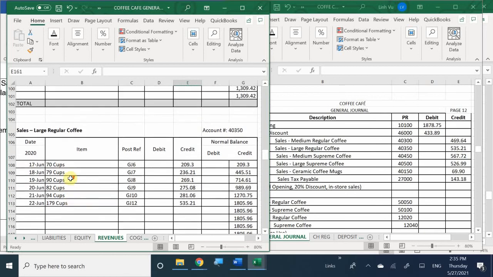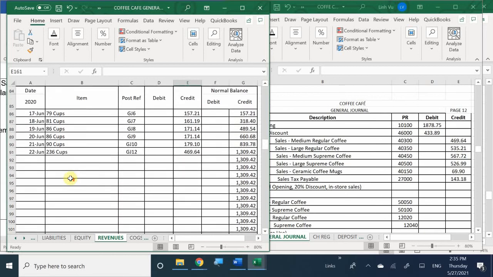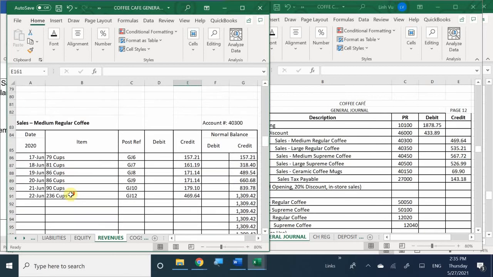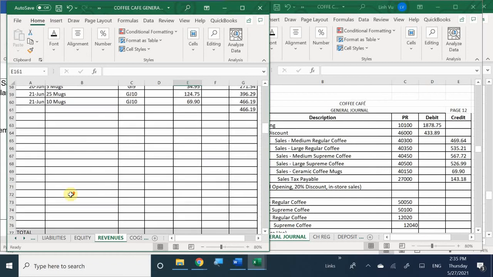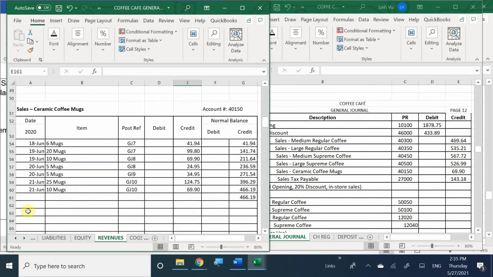And now our mugs. Our ceramic mugs, 622. So 10 mugs, General Journal 12.